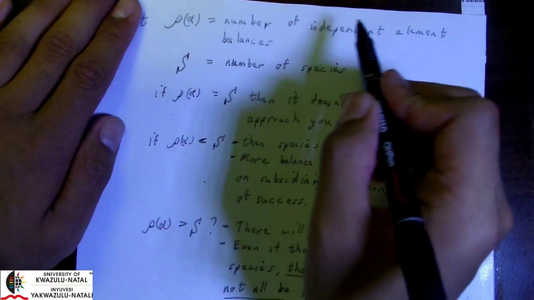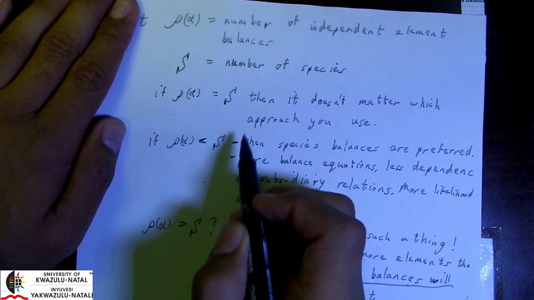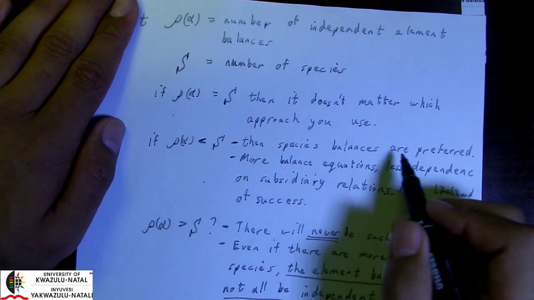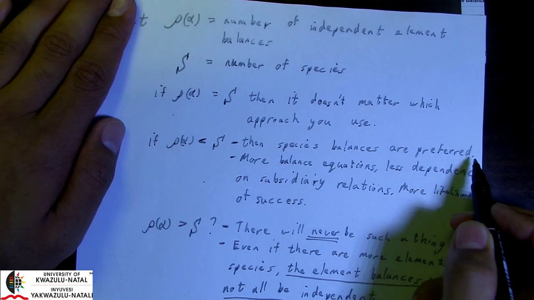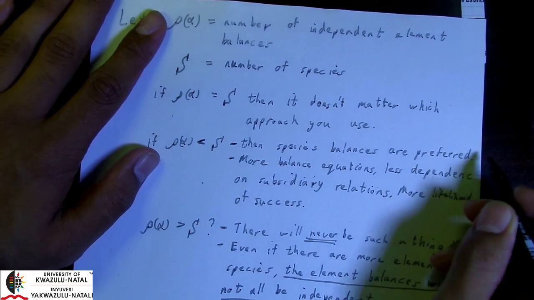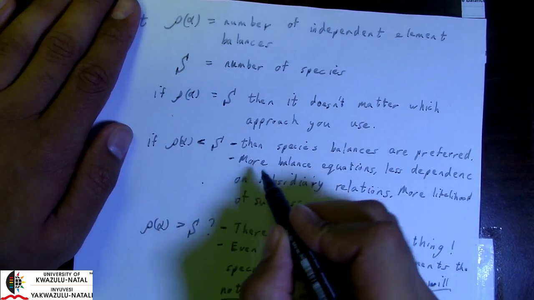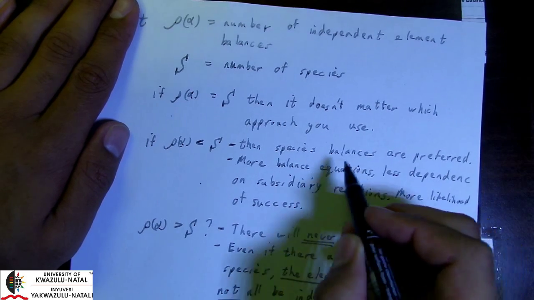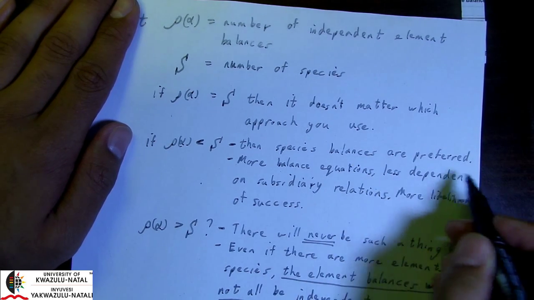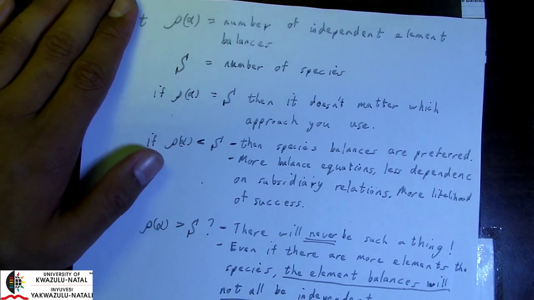However, if the number of independent element balances is less than the number of species, then species balances are actually more preferred. Okay, and this is because it implies that with a larger number of species, we will have more balance equations and hence less dependence on subsidiary relations and more likelihood of solving the problem.